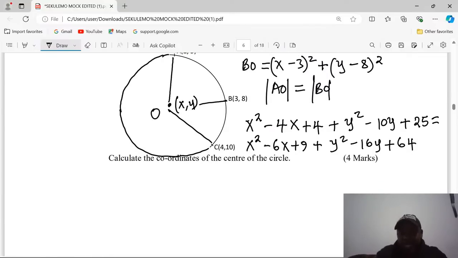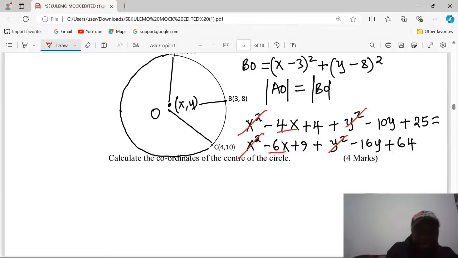When we start grouping like terms together, X squared will cancel with X squared. Then Y squared also with Y squared, because when you bring them together, they will cancel one another. But now we can start grouping. I can start by grouping the x's. I'll say negative 4 plus 6, because negative 6 taken to the left-hand side shall be positive.